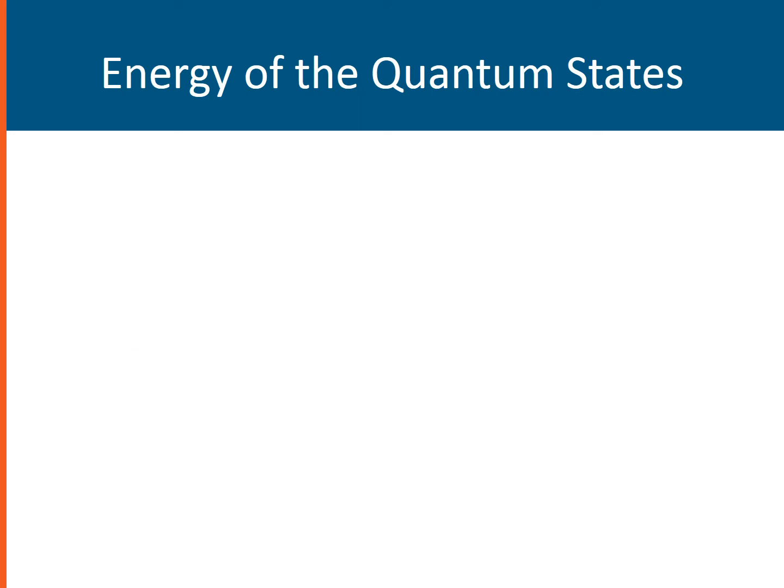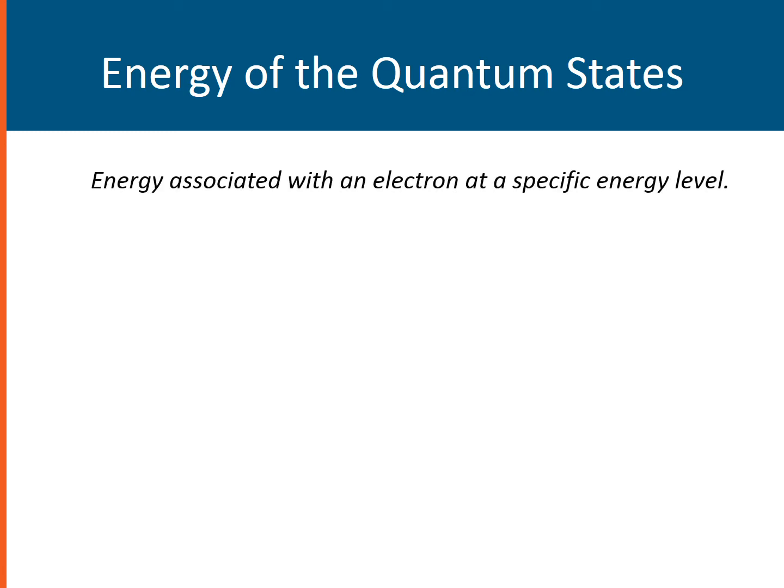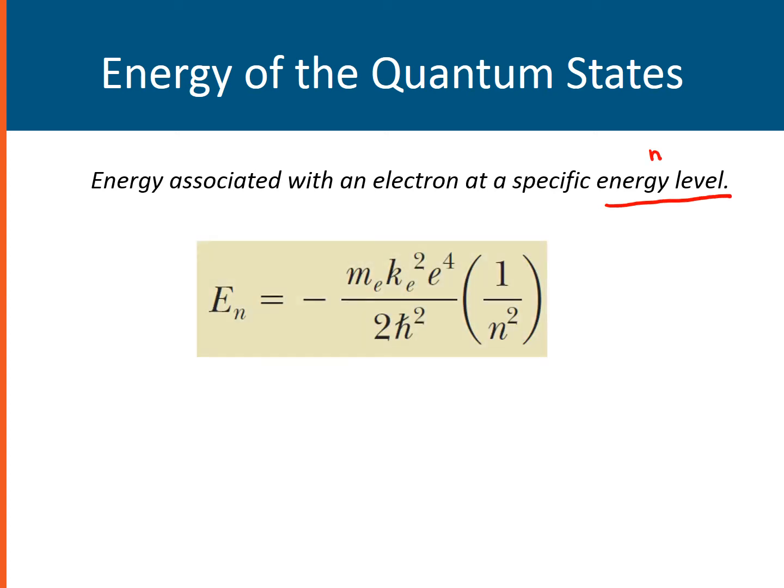Another relevant equation that you have to take note of for this lesson is the energy of the quantum states. Niels Bohr was able to come up with a formula that allows him to solve for the energy associated with an electron at a specific energy level n. And it is actually this equation. It looks fancy, but all of these can be simplified with a constant.